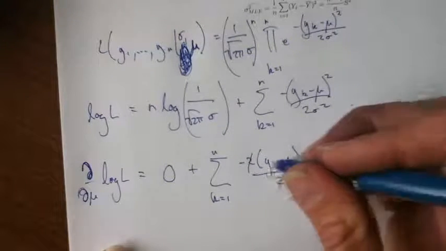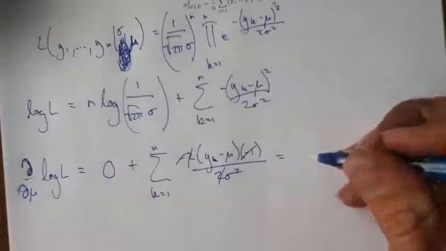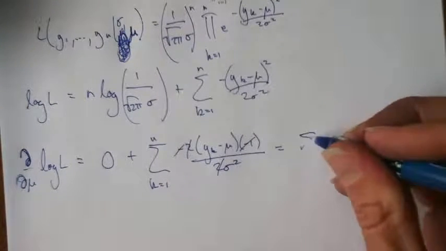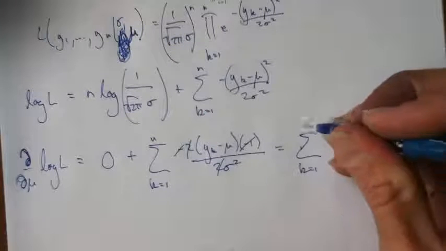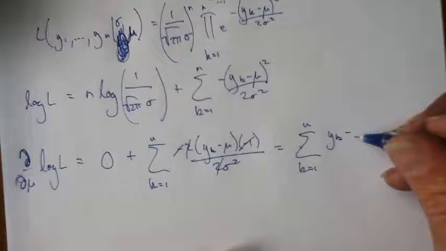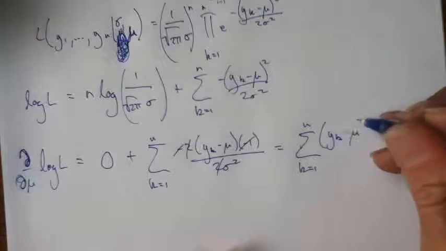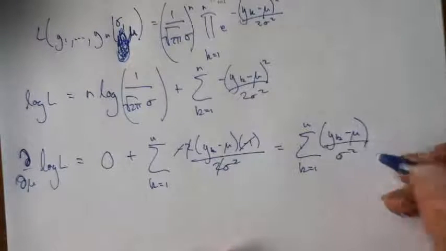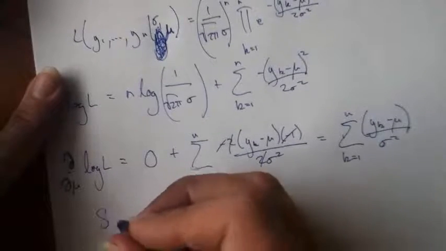The 2's cancel, those negative signs cancel. All of this is just equal to the sum, k equals 1 to n, of (yk minus mu) over sigma squared. Now, set this all to 0.